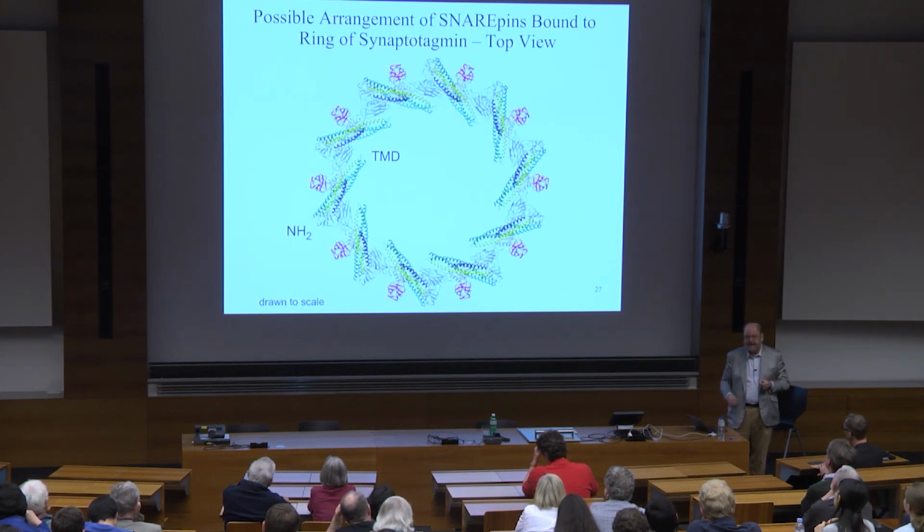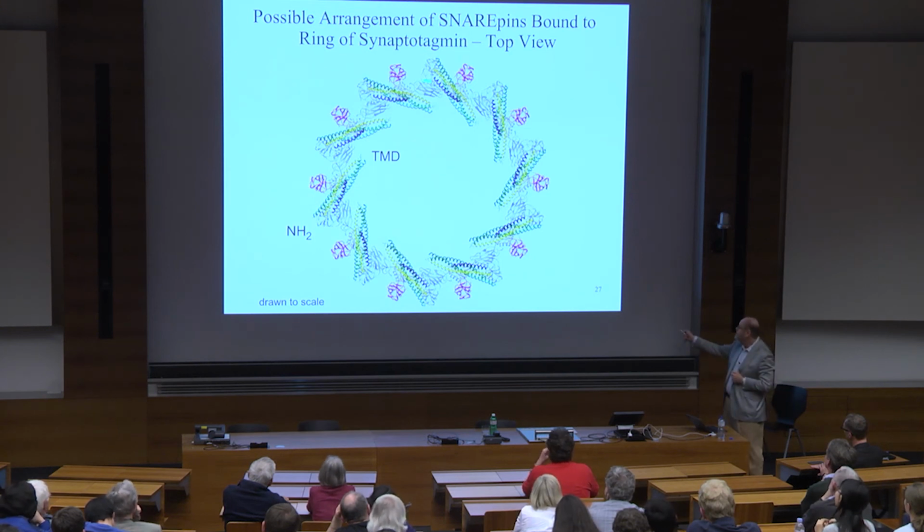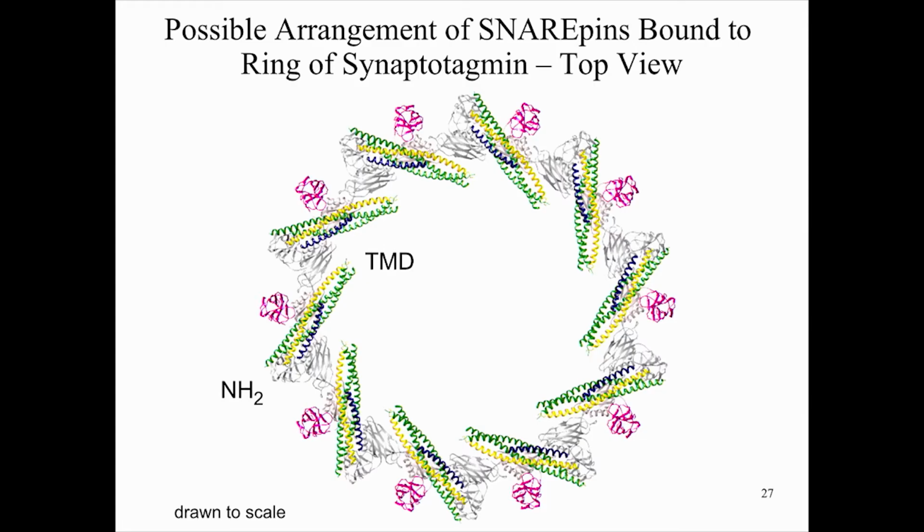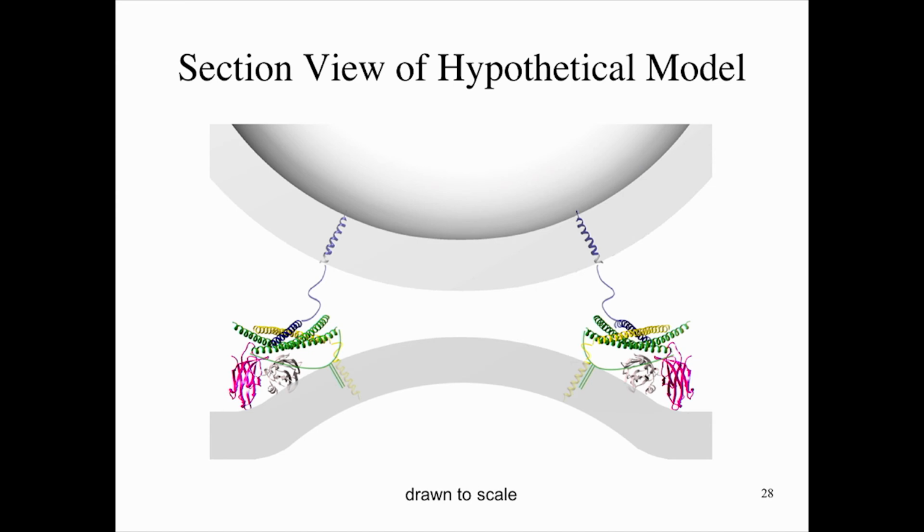And we can be fanciful, and we can take our rings, looking from the top, and we can model in the coordinates, just simply drop in the snare complex based on Axel Brunger's structure. Maybe more revealingly, we can look at it from the side. And it's easy to begin to see how a ring could restrain the snare complex, maybe in a more particular way, from completing its zippering, maybe by holding on to it.